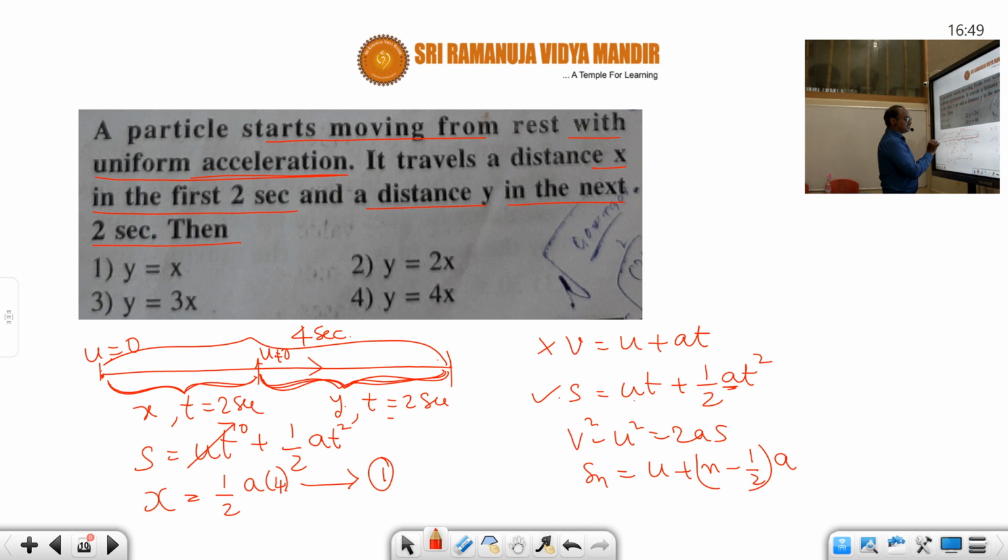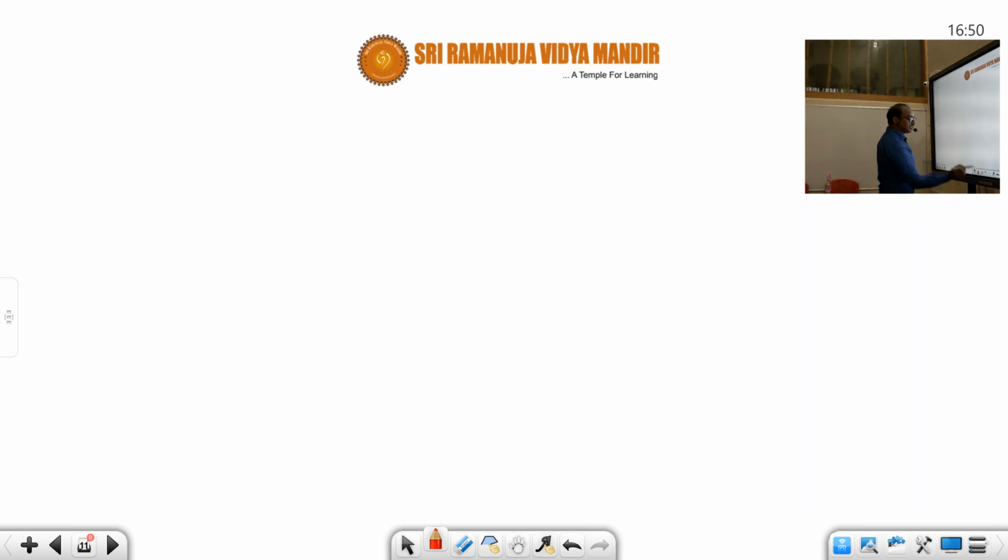Instead of calculating the u value again, we take the path from the beginning till here. That means from the beginning till here, the total time interval is equal to 4 seconds. So taking the 4 seconds, again applying the same equation, we'll see what happens. s equals ut plus half at square. For 4 seconds, what is the distance traveled? x and y.